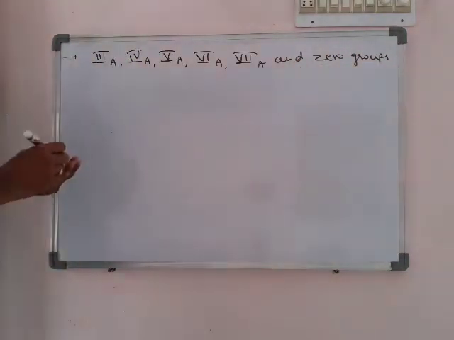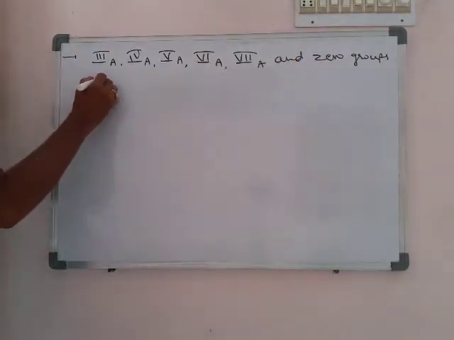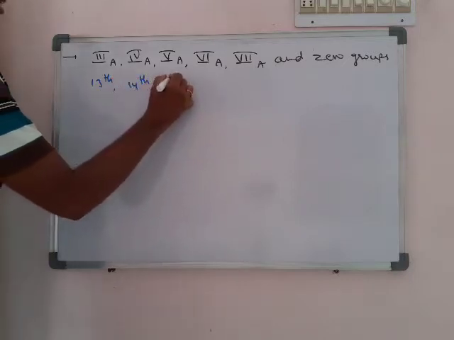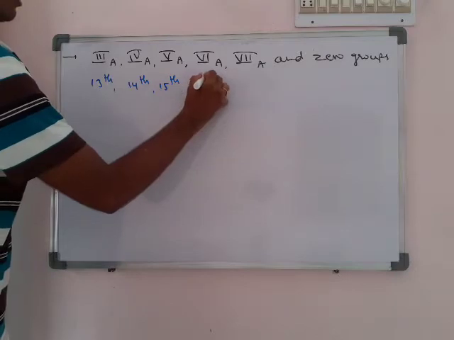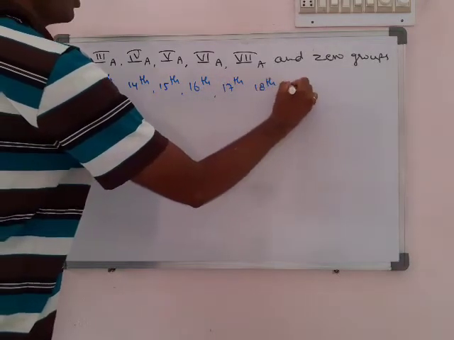These 6 groups come under the p block. In the general numbering we write them as 13, 14, 15, 16, 17, 18th groups. Both are the same.